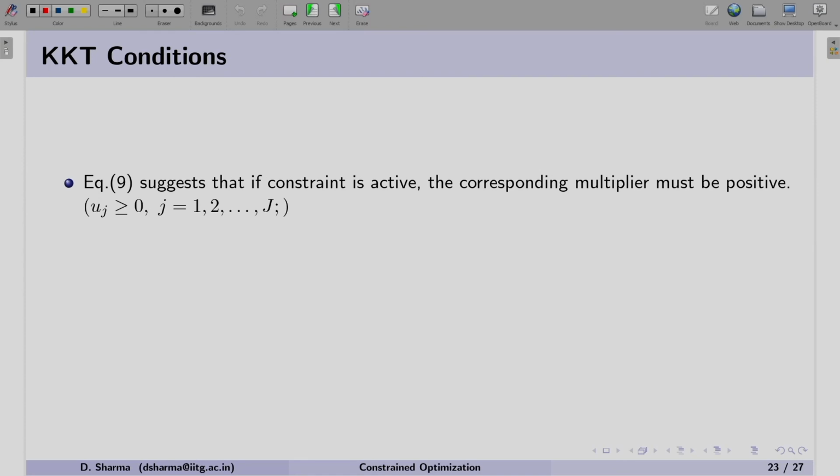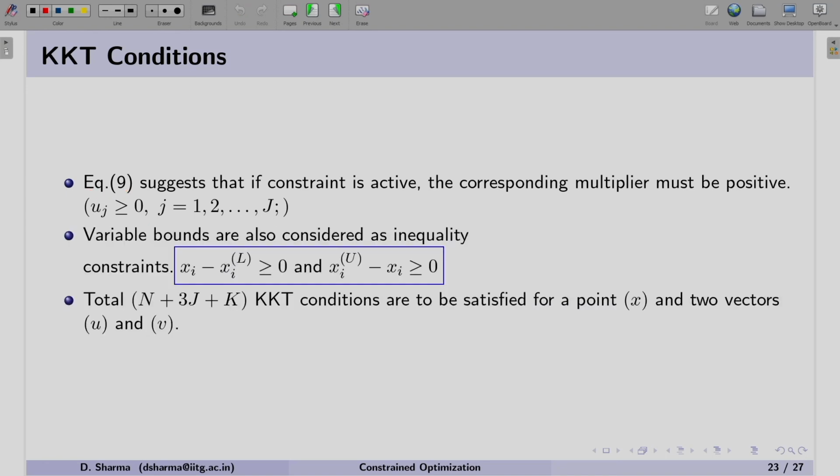The other important condition, the last condition, is in equation 9: all these Uj should be greater than or equal to 0. So, every Lagrangian multiplier corresponding to the inequality constraints should be greater than or equal to 0. Now, the important point is that when we are going to solve this, the bounds on the variable should also be taken as inequality constraints, as given here.